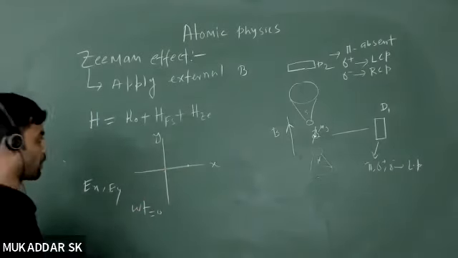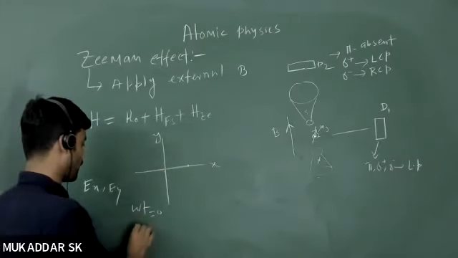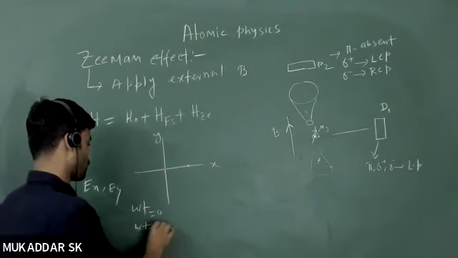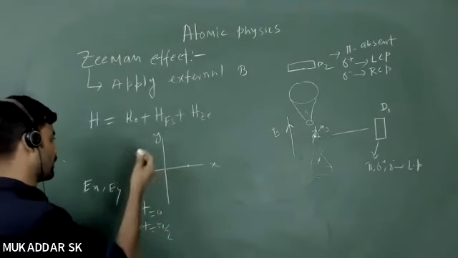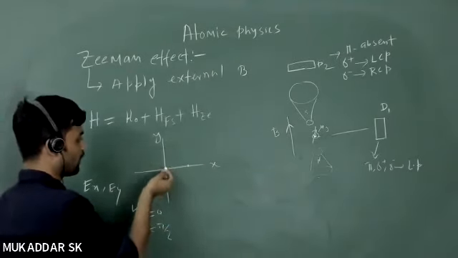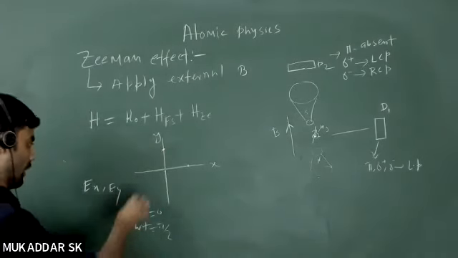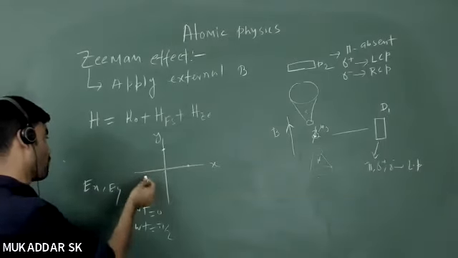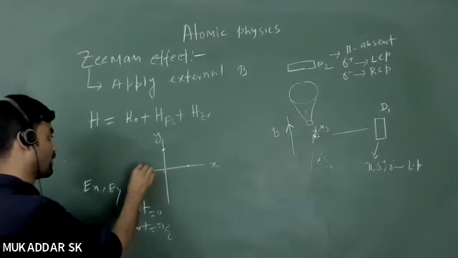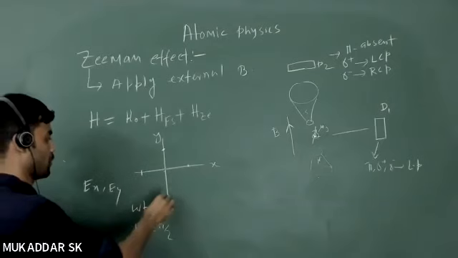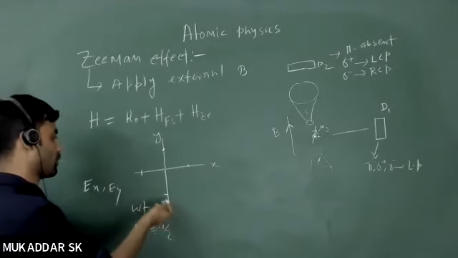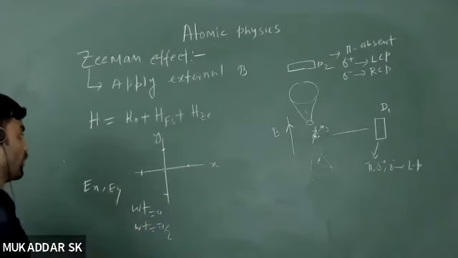After omega t equals pi by 2, you check it. At that time X component is 0 and the Y component will be somewhere there. After some time, at pi, X will be negative and Y will be 0, and after some time X is 0 but Y is negative.